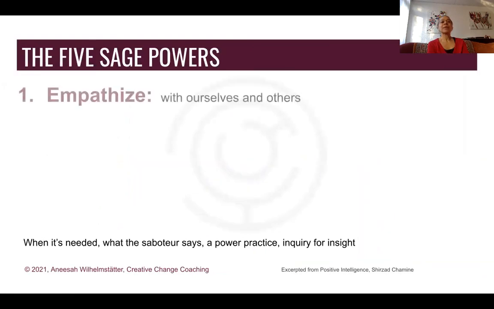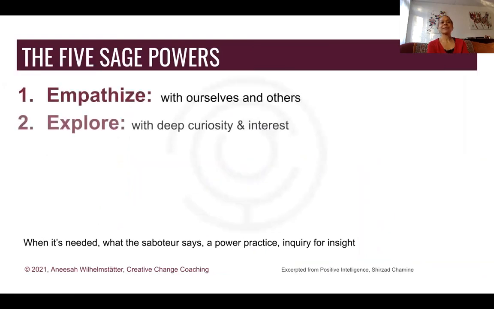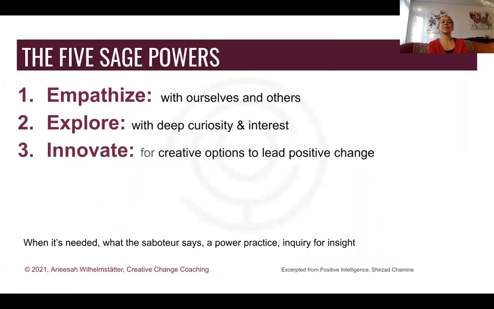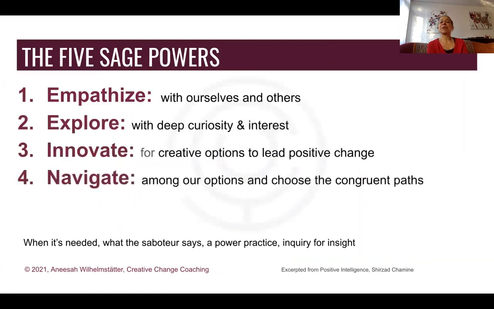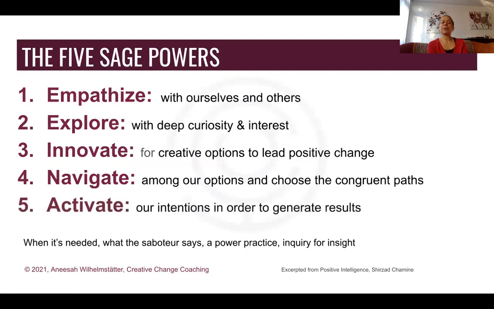So moving on: empathize with ourselves and others, explore with deep curiosity and interest, innovate for creative options to lead positive change. We navigate among our options and choose congruent paths. And finally, activate our intentions in order to generate results.